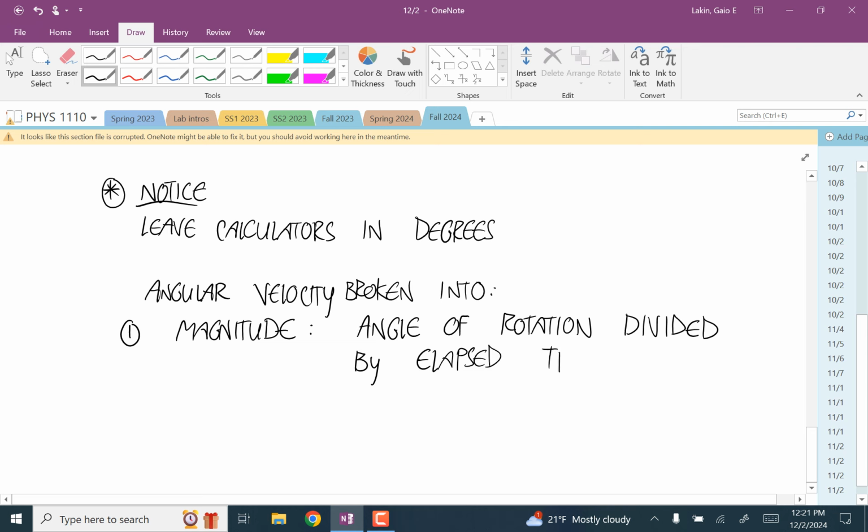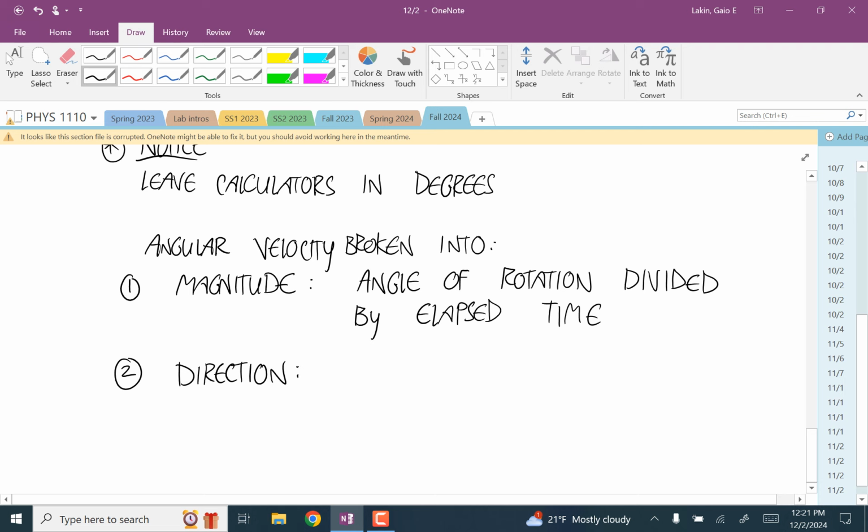And for the direction, it's going to be either clockwise or counterclockwise when you're looking at things in the plane. And we're always going to call one of them positive.